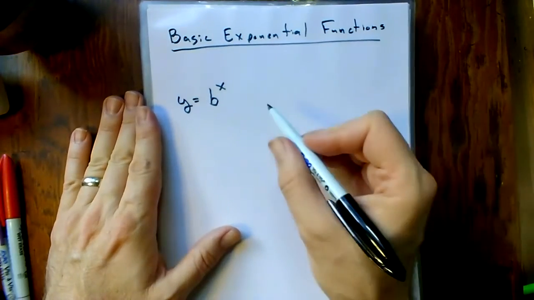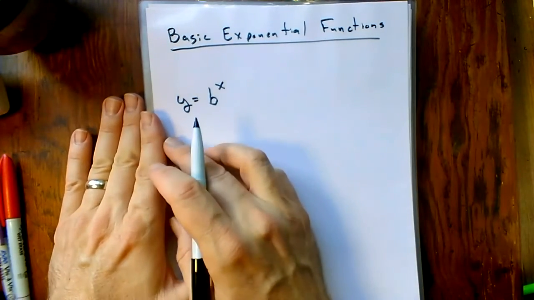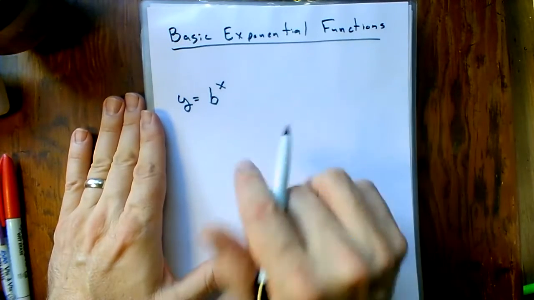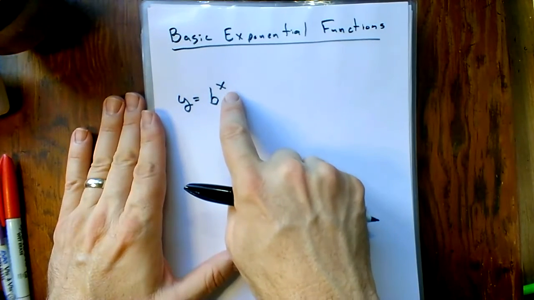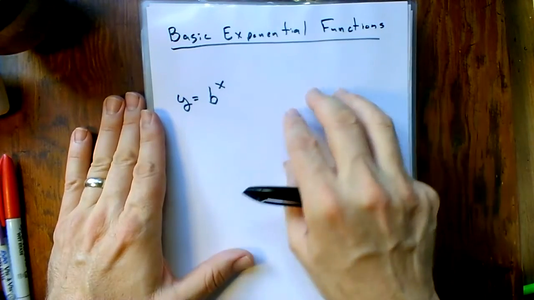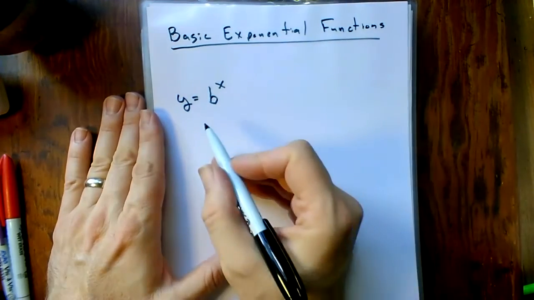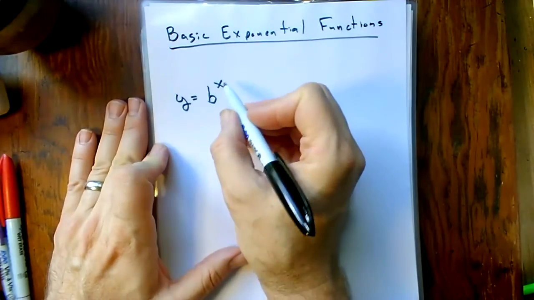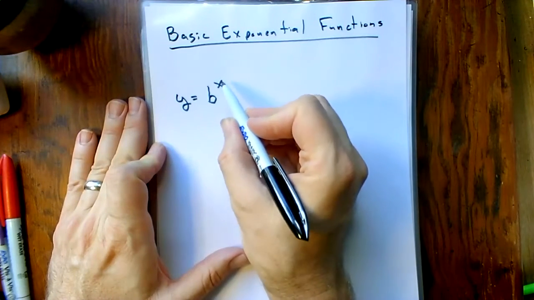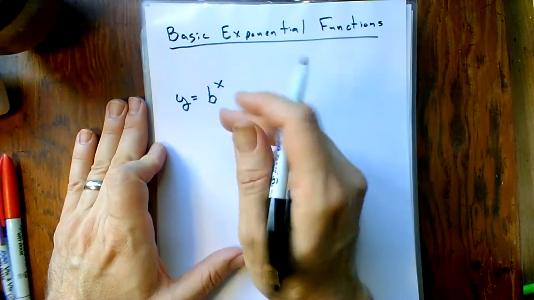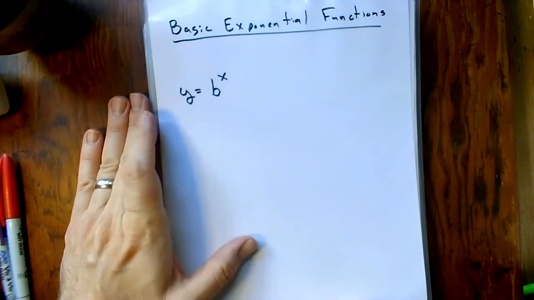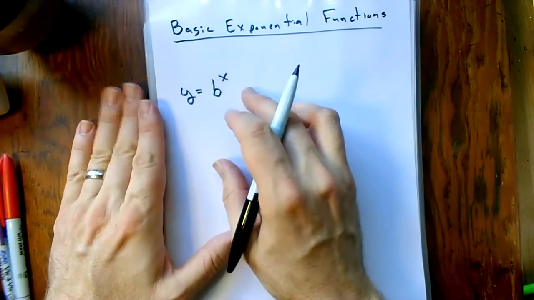This is a little bit different than your usual polynomials, where your base varies but you have a constant exponent, like an x squared or an x cubed. So here we're going to find things where we've got some value that is going to be taken to different exponents. So it's important to remember a couple of our things with our exponents.